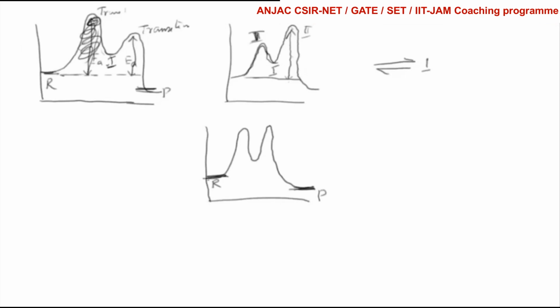Looking into the diagram, we say that the first reaction as well as the second reaction is a two-step process. They are taking place at almost the same rate. If the rate is the same, no step is in equilibrium. Therefore, the equilibrium approximation cannot be applied for this.